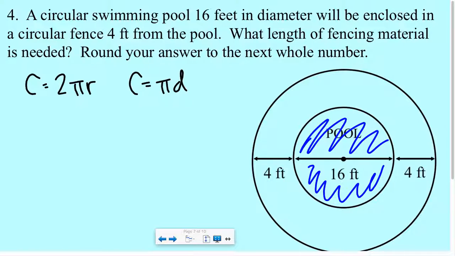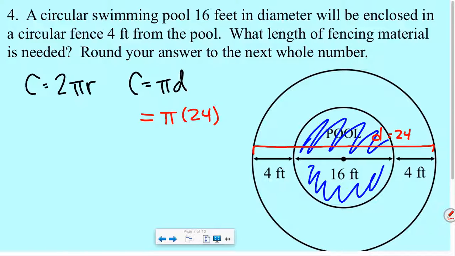You can do it either way. I think the diameter one actually is easier on this one. Diameter is the distance across the circle. So if I want to go all the way across the big circle, 4, 16, and 4 would give me a diameter of what? 24. So then when I come over here to find the circumference, pi times 24.